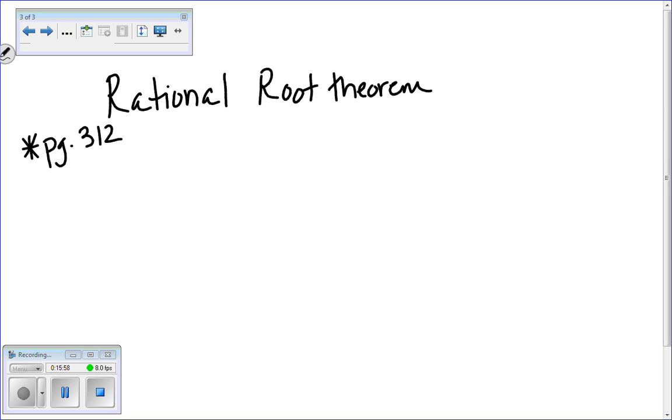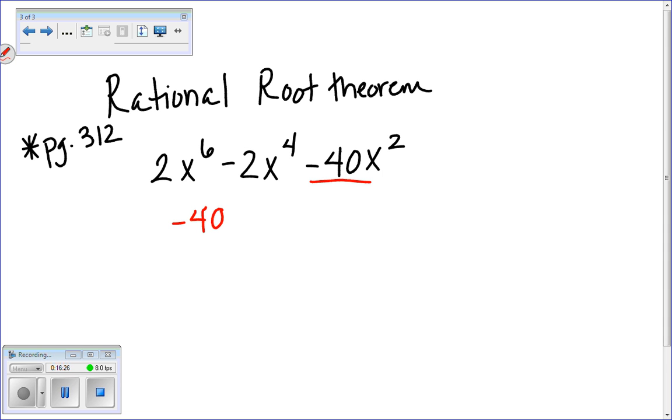But basically what it tells you is that, let's take that last example that we just did. Okay, so if I have a polynomial, 2x to the 6th minus 2x to the 4th minus 40x squared. Basically what your rational root theorem is takes your constant, okay, and divides it by your leading coefficients.